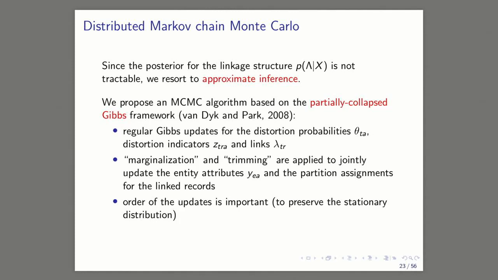Okay, so again, we're doing approximate inference here. What we're proposing to do is a partially collapsed Gibbs framework. We're doing regular Gibbs updates for the distortion probabilities, the distortion indicators, and also the links. Then, if you're familiar with PCG, we're doing marginalization and trimming. This is applied jointly to update the entity attributes and the partition assignments for the linked records.